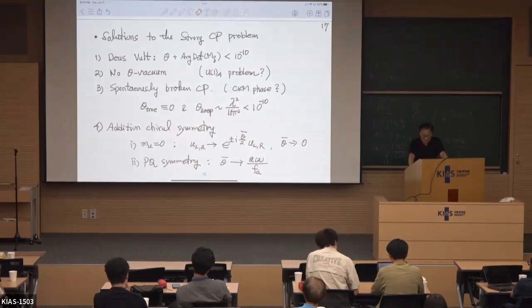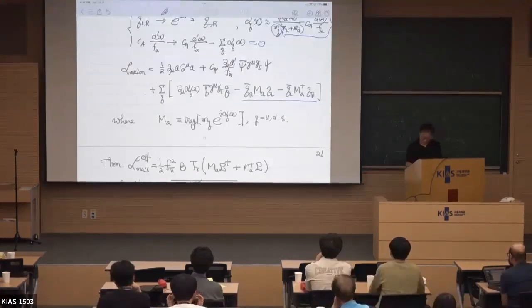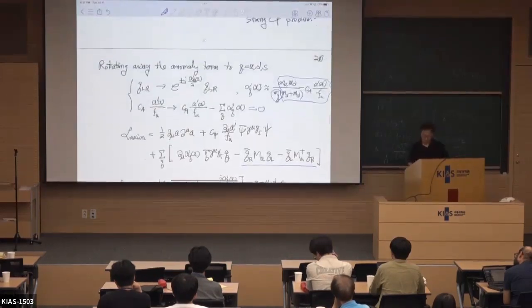But assuming the initial CP conservation, then the CKM phase. So naturally, you may expect that M_a goes to diagonal like this. So alpha_Q we determined.